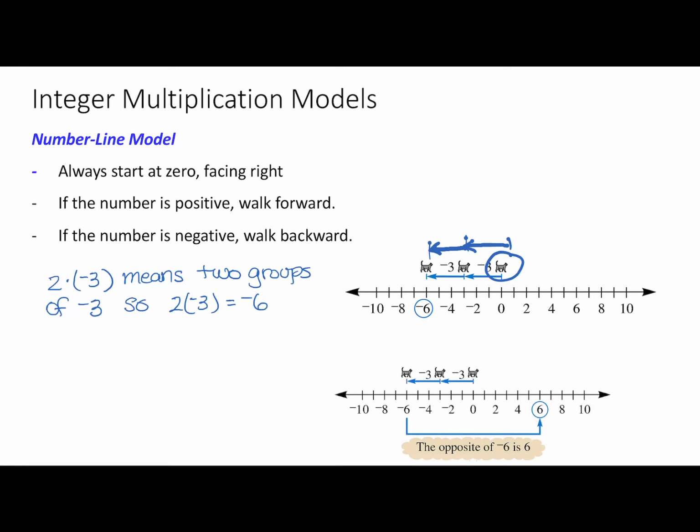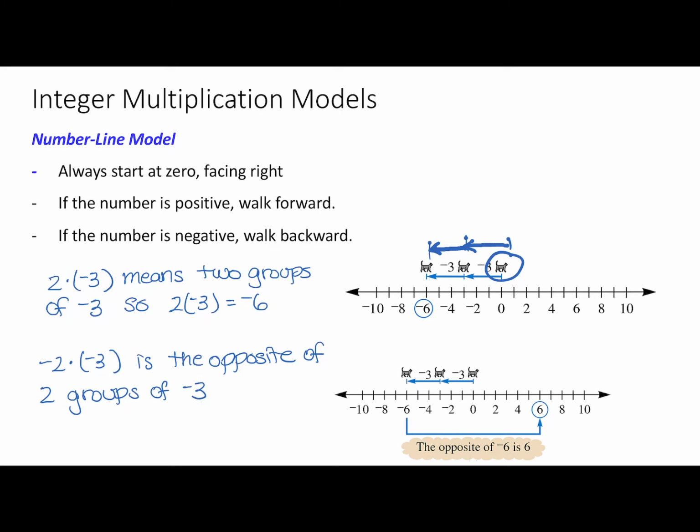Well, what if we had two negatives? So now I have negative 2 times negative 3. And we're going to interpret this as the opposite of what we just did above. So the opposite of two groups of negative 3.